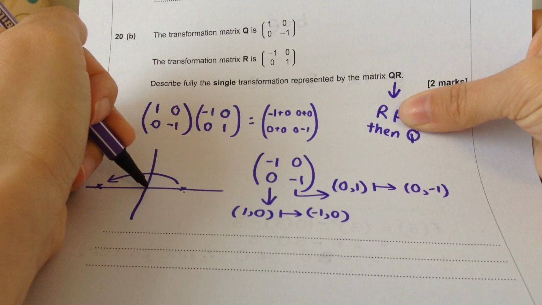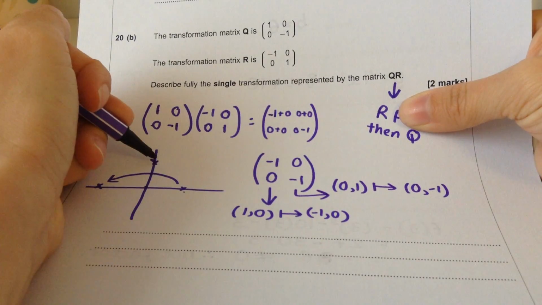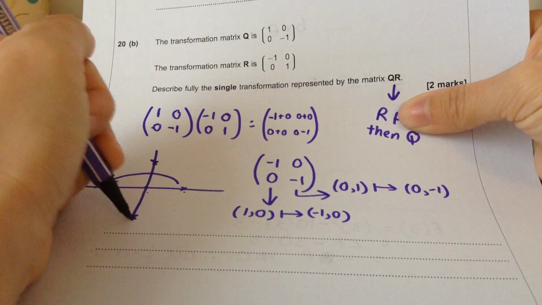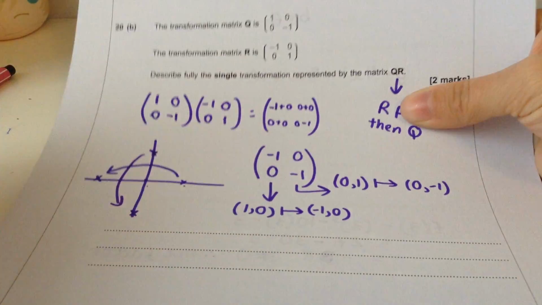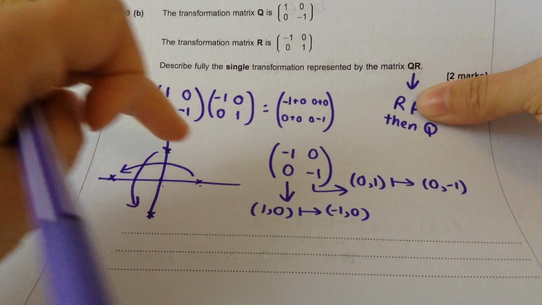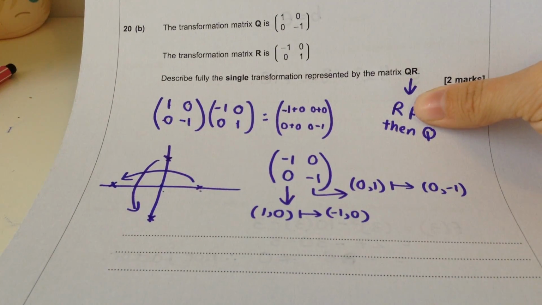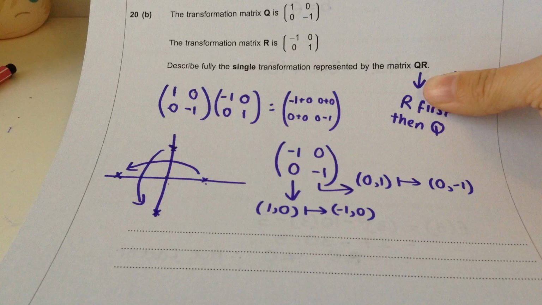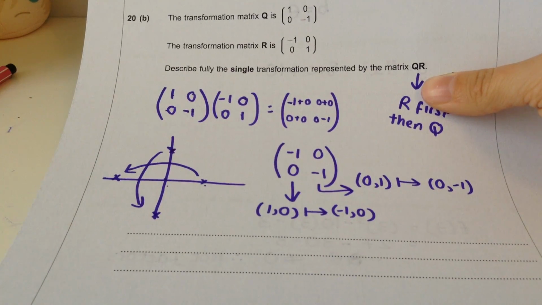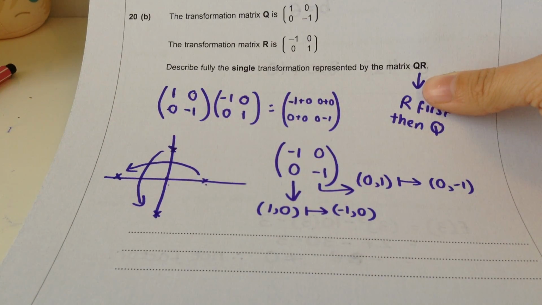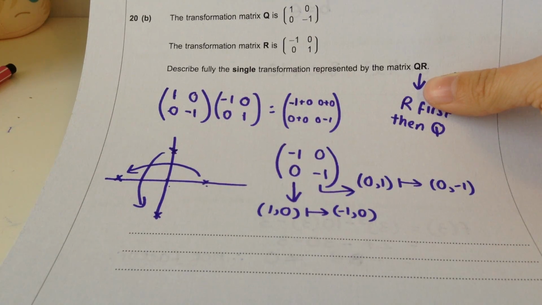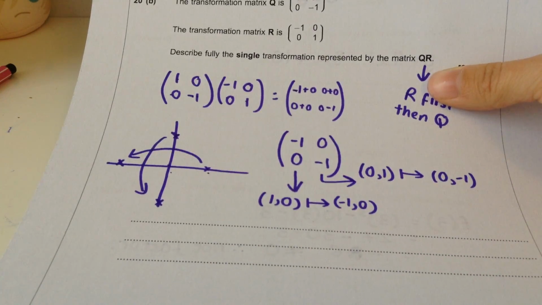So 0, 1 will go to 0, minus 1, go down there. Okay, so what would move that to there and that to there? Well, that's a rotation by 180 degrees, isn't it? Yeah, it's the only thing it can be.